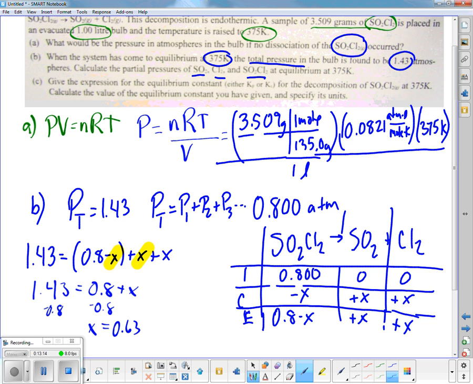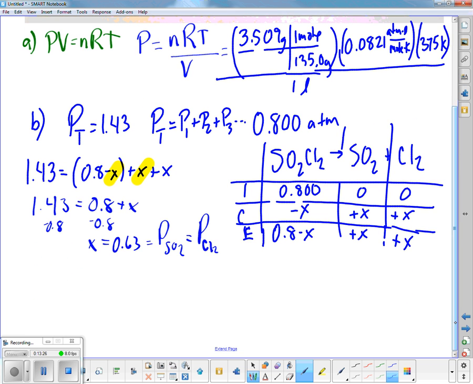And so I can say right now that this is the pressure of SO2, which is also equal to the pressure of Cl2. And then to solve for the pressure of SO2Cl2, I just subtract 0.8 minus 0.63, and I get 0.17, right?